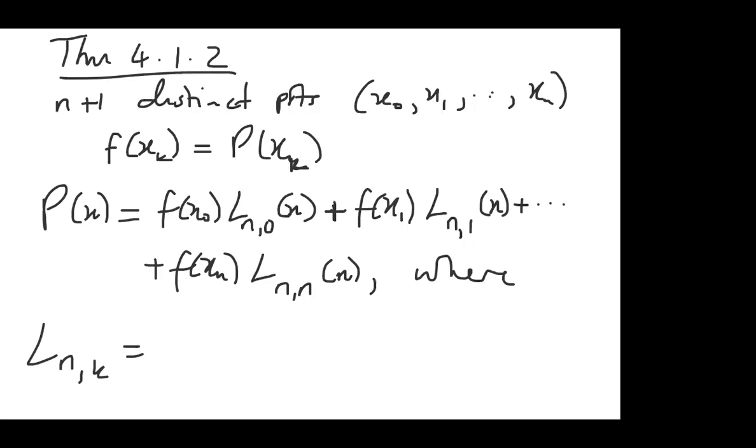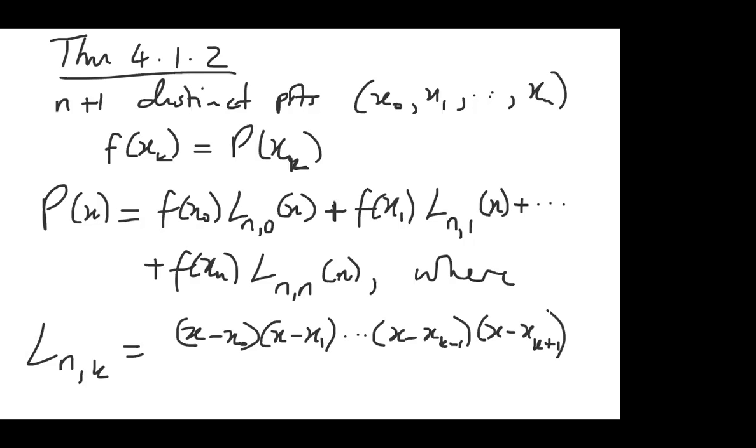So L_nk in this case will be given by x minus x0, then x minus x1, and so on times x minus x_(k minus 1). Then I'll skip x minus xk. So I'll move on to x minus x_(k plus 1).